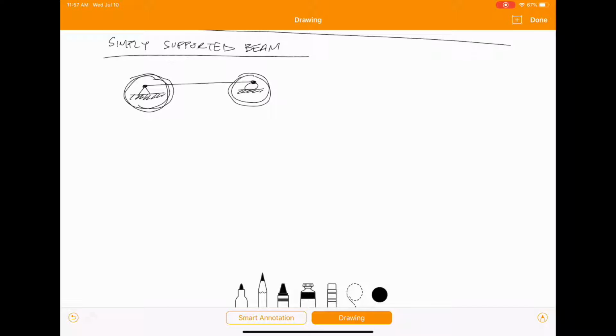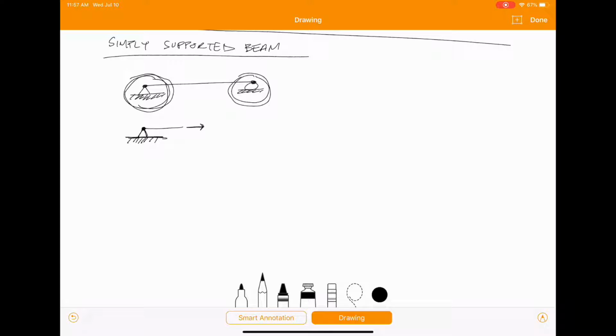So if we first look at this pin connection, all this is telling us is that when the beam is pulled on in this direction, it can't move. This beam is not going to move in that direction when it's being pulled that direction. This pin is holding it in place in the X direction.